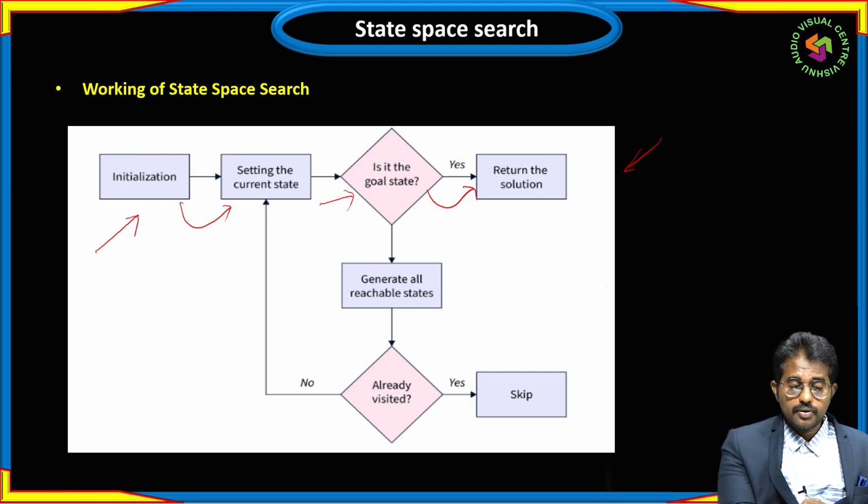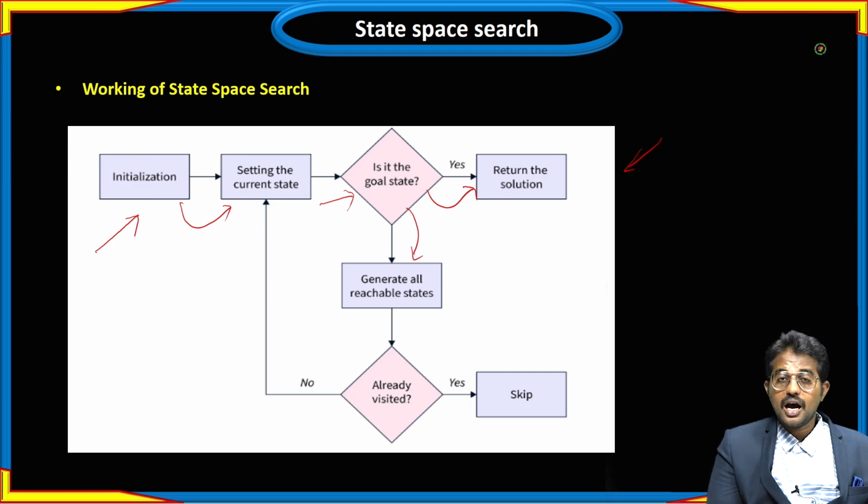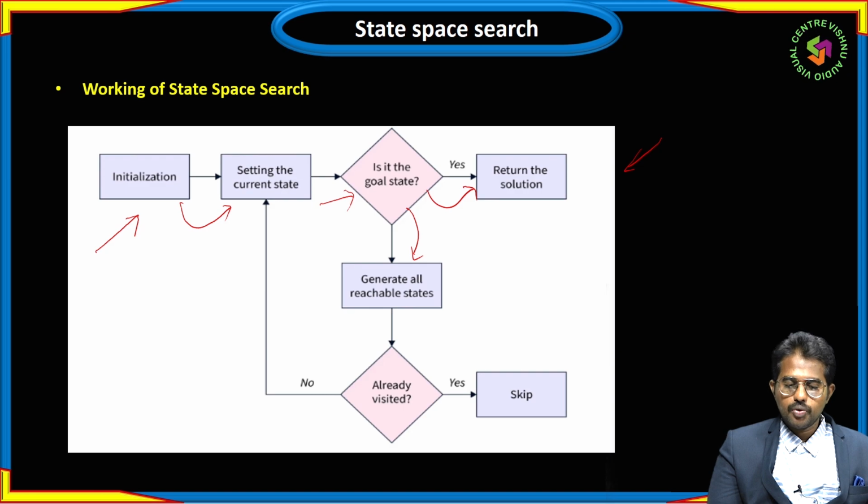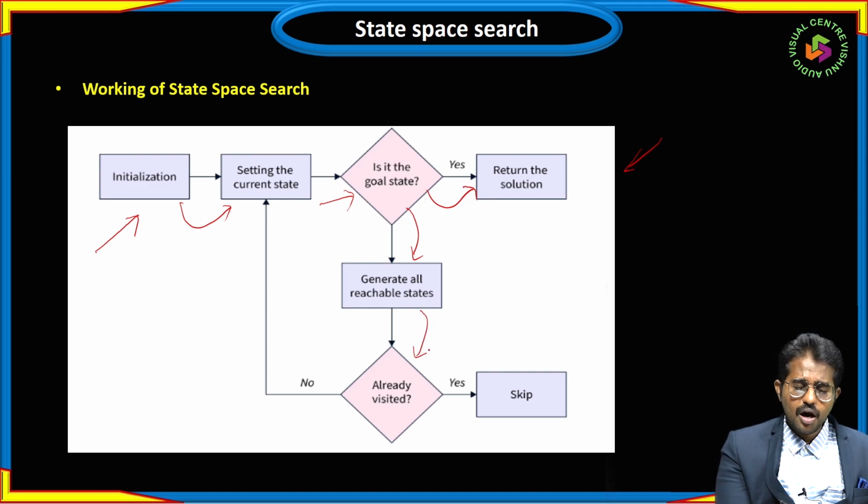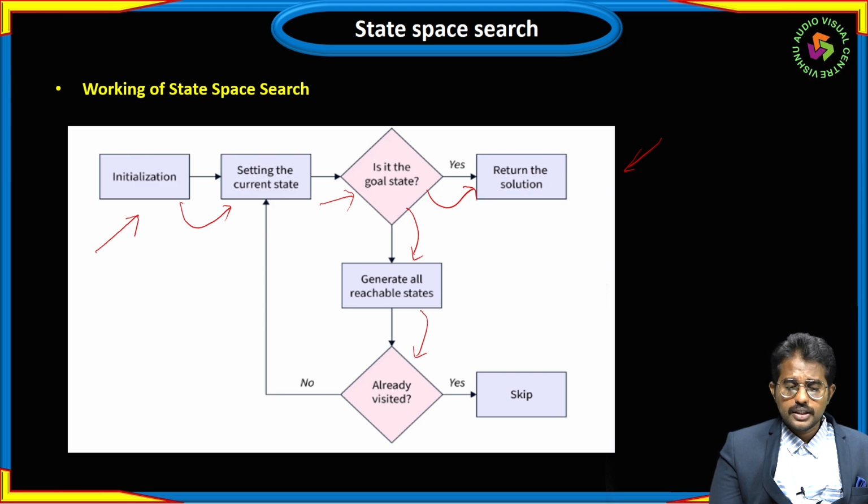But what happens if the state is not a goal state? Then we have to generate all the reachable states, that is, all the neighboring states of that state. For every neighboring state, we check whether it is already visited, meaning it was already processed and checked for being a goal state.